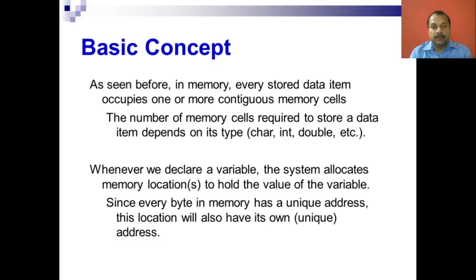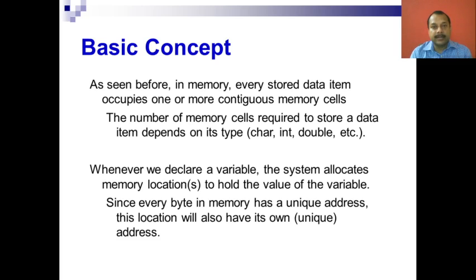As you have seen before, in memory, every stored data item occupies one or more contiguous memory cells. The number of memory cells required to store a data item depends on its type, whether it is integer, character, double, float, long double, etc. Now you know by this time that if it is a character type, then 1 byte is required.